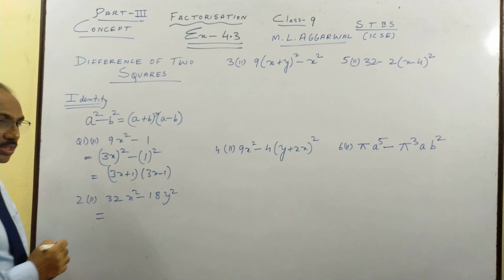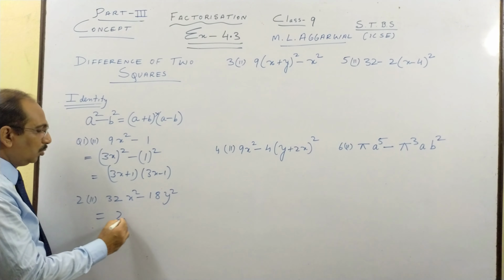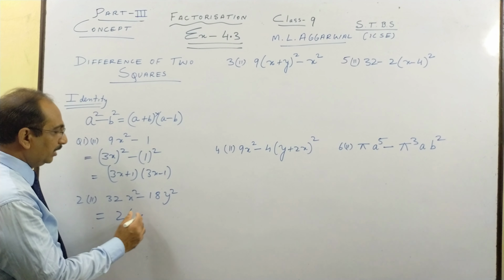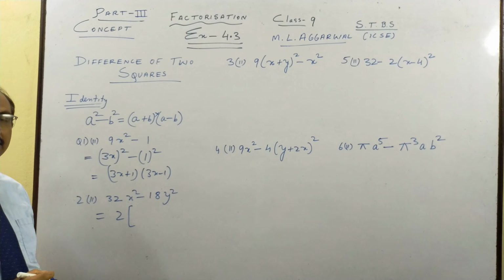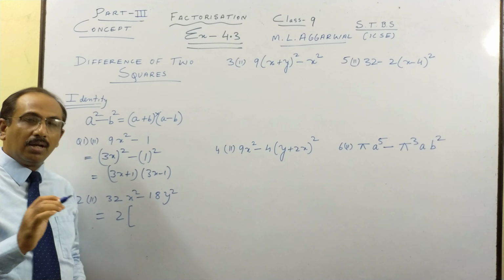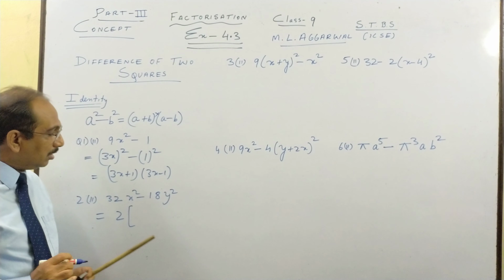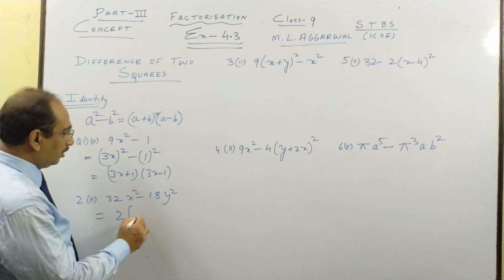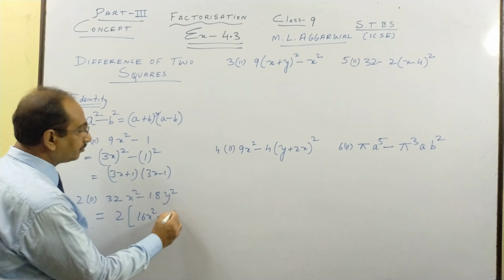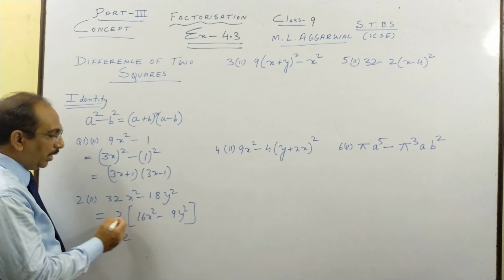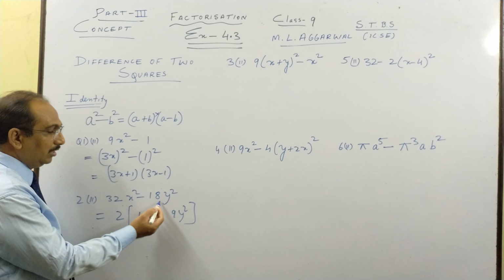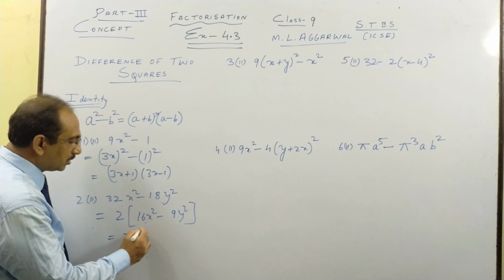This question you see, if I take out 2, I will be left with, so here I will use a big bracket. You see book solved example ML Agrawal, they are using a bar bracket, but I am more comfortable with box bracket and small bracket. See what I do. 2 I take out, 32 becomes 16, 18, 2 I take out, it becomes 9.